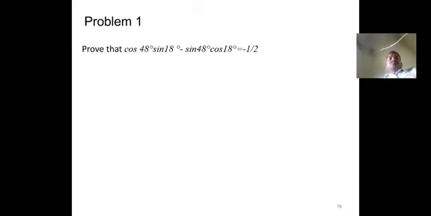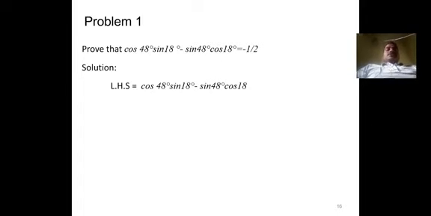So the solution for this one: it is in the form of cos A sin B minus sin A cos B. Here always we have to choose the bigger term as A and the lower term as B. Here the bigger term is 48 degrees and the lower term is 18 degrees. So 48 is A and 18 is B. Now it is better to take the LHS part, and that LHS part is cos of 48 sine of 18 minus sine of 48 cos of 18.